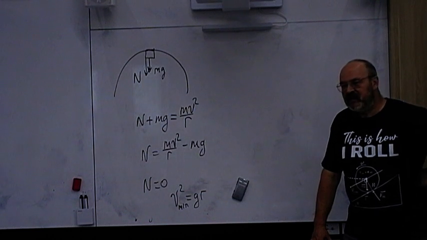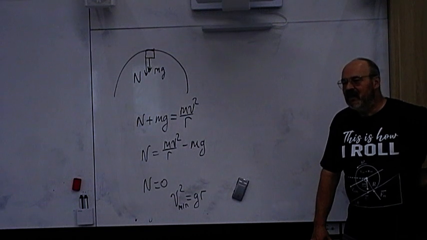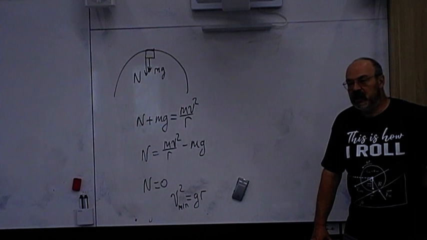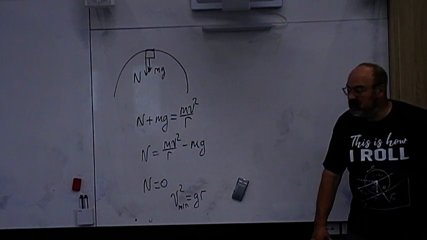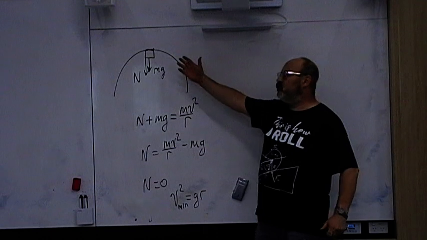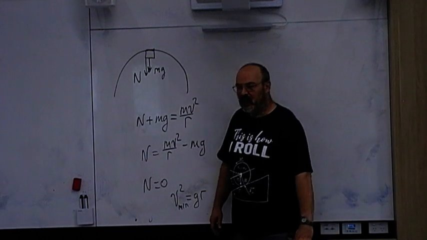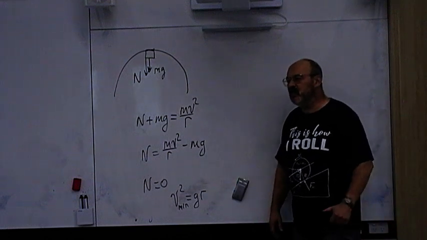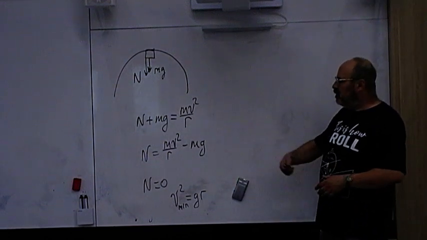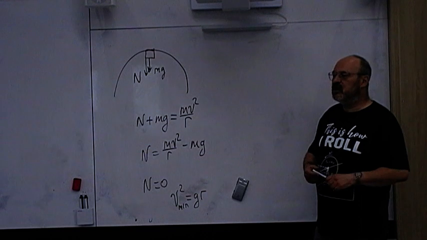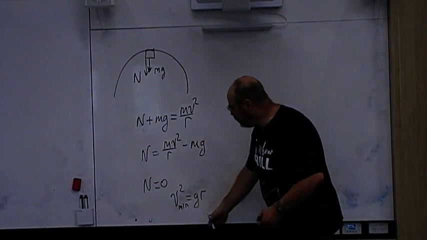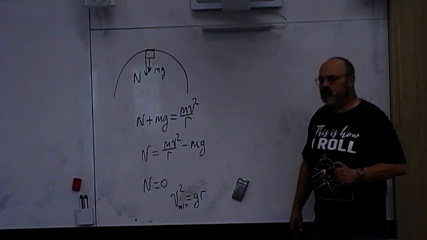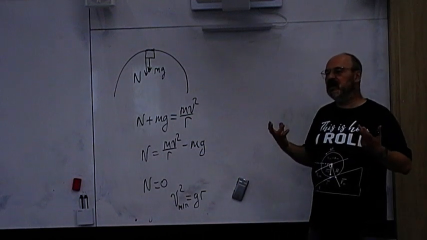There was a question on the exam, I think twice over the years: explain why a car or motorcycle does not fall down. The explanation was that normal reaction is not zero, that speed is greater than the minimum required, and so on, which pretty much explains what happens.